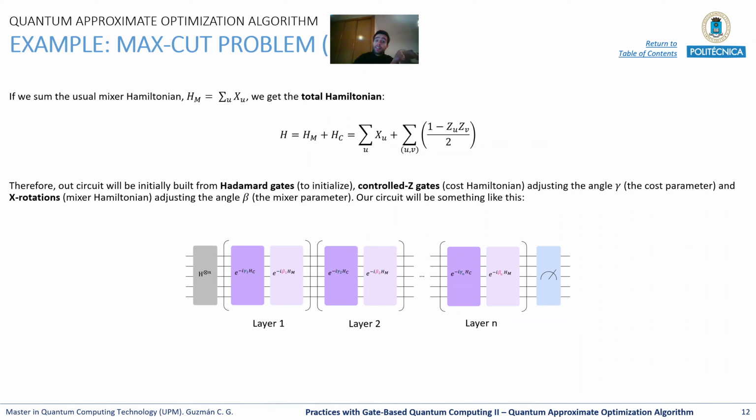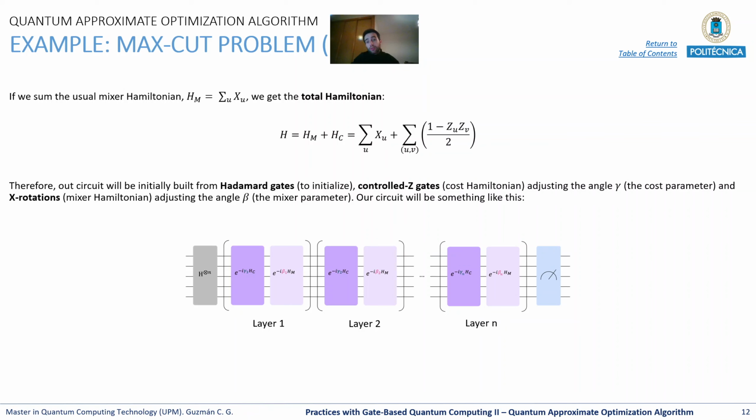As we know, both of the Hamiltonians are going to be parameterized in unitary operators. Those operators will have each of them a specific angle. That angle is the rotation along the z or the x axis, and that angle will be adjusted. So the controlled Z gates will depend on gamma, that is the parameter that we defined before in the previous session.